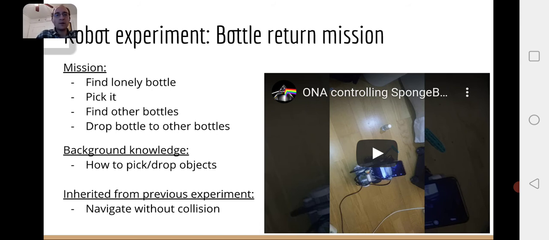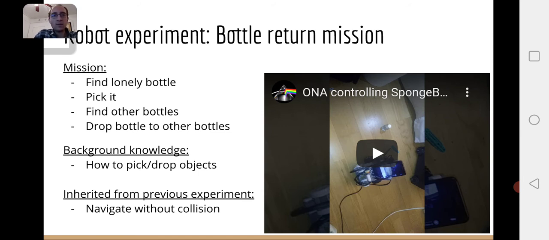In this case, the only background knowledge it has is the mission knowledge to pick actually a bottle, not an object, to pick a bottle if it sees it, and to drop it if it sees a collection of multiple bottles.